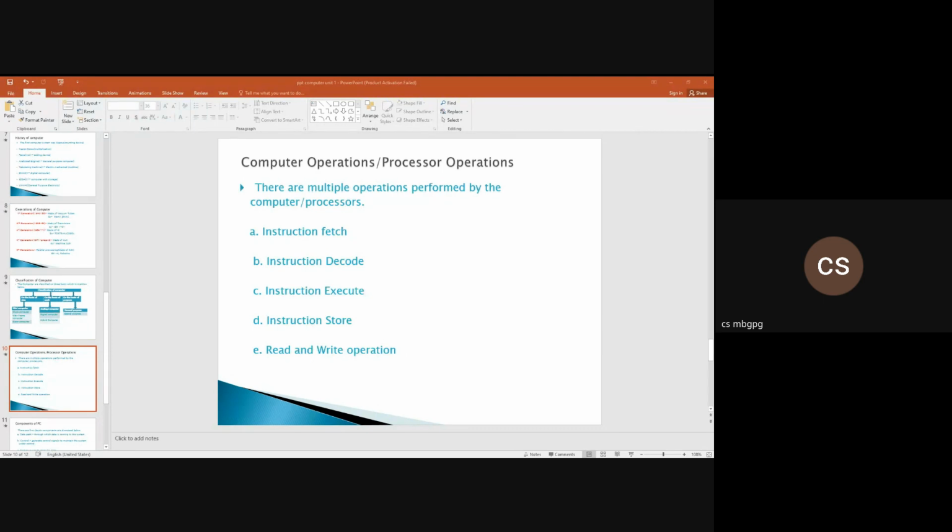The next is your instruction decode. We decode the instructions which are given in high level language, we decode according to the machine. The next step is called your instruction execute.